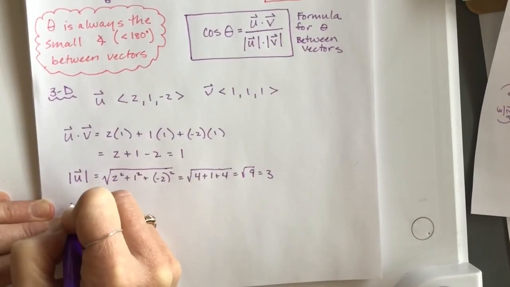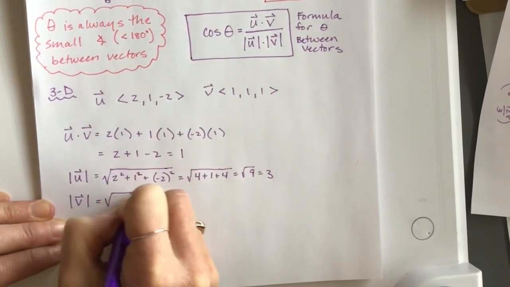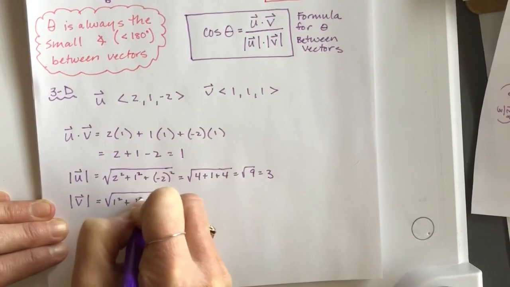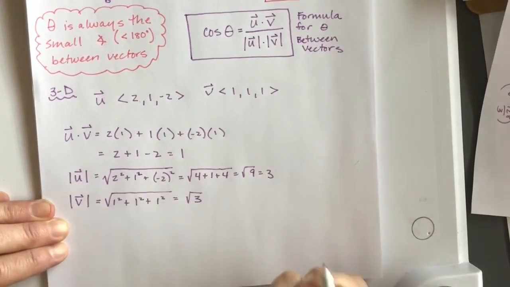Then the magnitude of v is 1 squared plus 1 squared plus 1 squared, which is the square root of 3, and we can't simplify that.